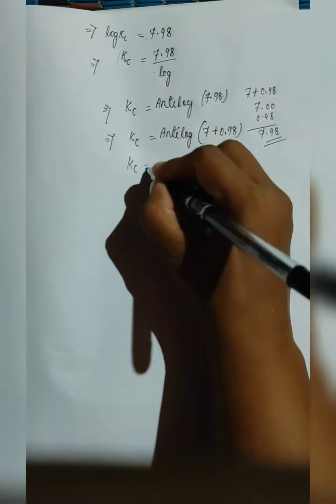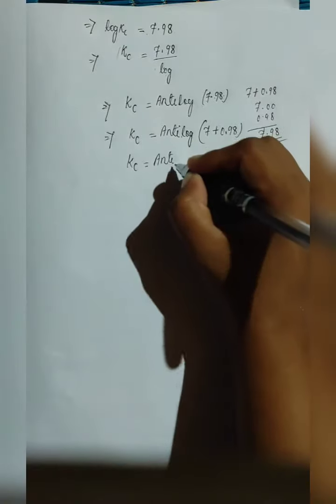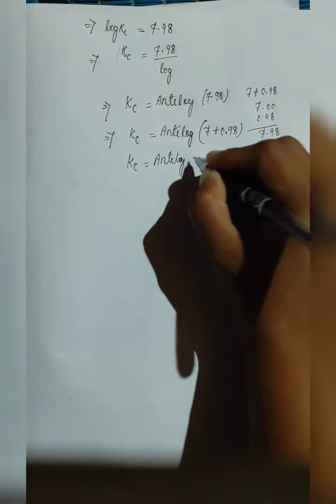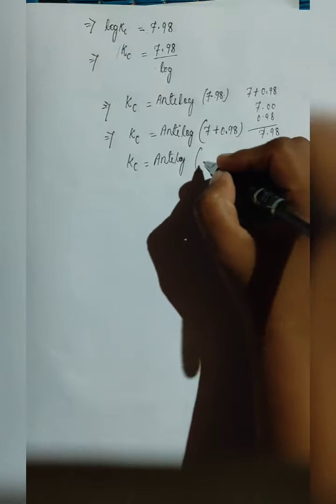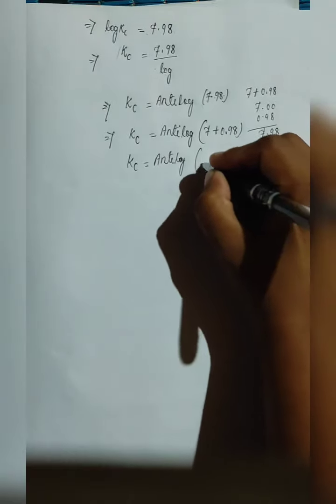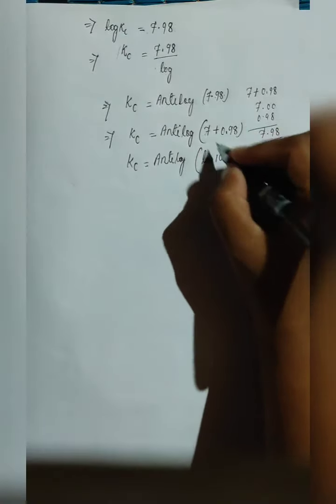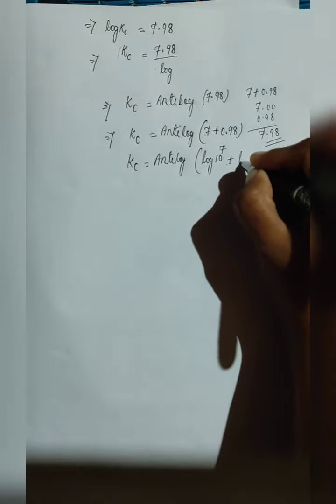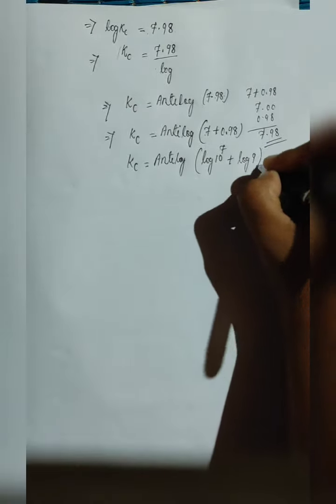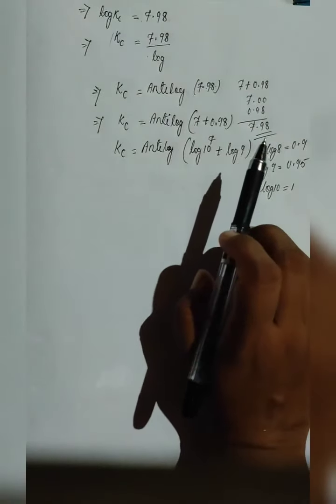Now Kc is equal to anti-log. Now our next step is to put log 10 to the power 7 plus log 9. Why did we write log 9?